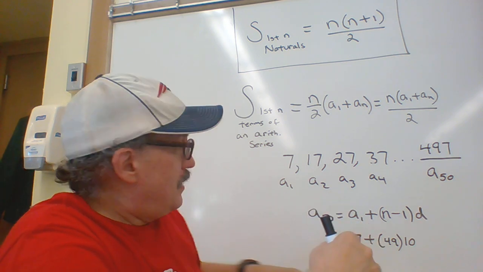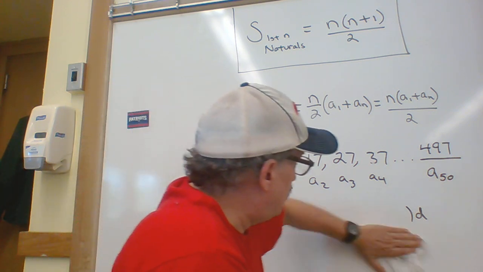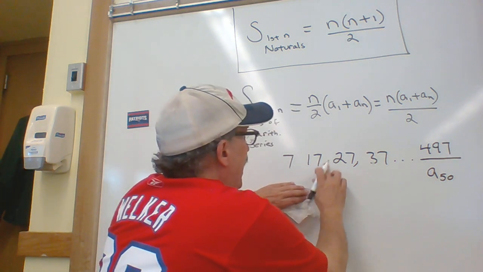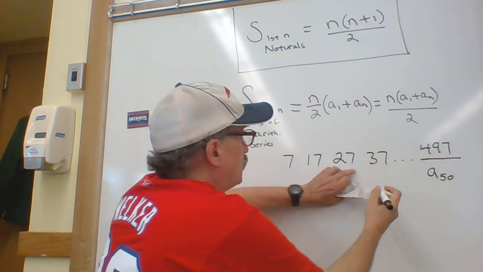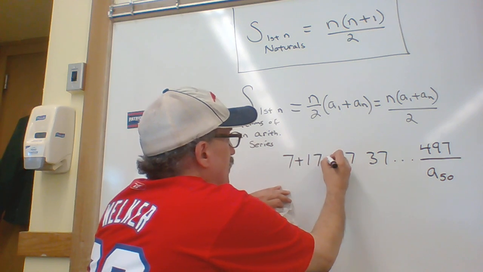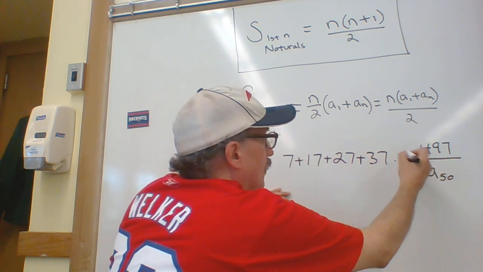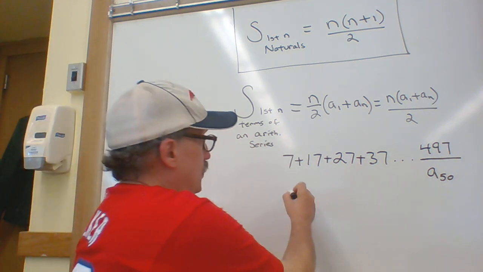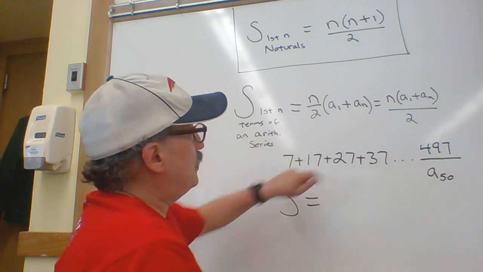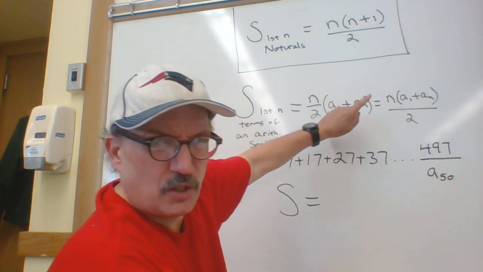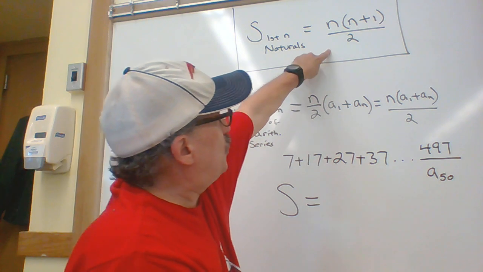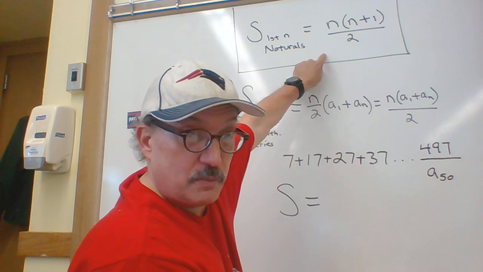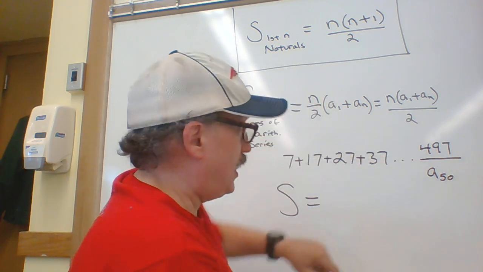Let me come back here and change it from a sequence to a series by putting plus signs in here. The sum is going to be, let's use this version of it, which I think is a little bit easier to deal with at this point because we have that one back there. And I hope I remember to come back here and explain why this is a specific case of this one down here.